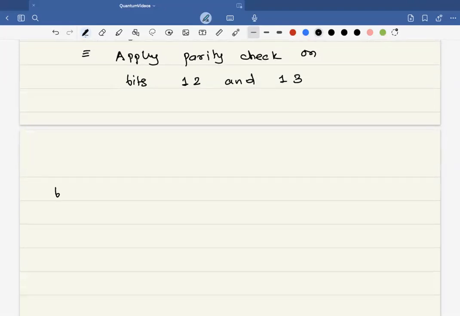Let's say I have a bit B that is being transmitted. Then I can have a classical CNOT gate. This is my first CNOT gate, and then this is my second CNOT gate. B could be 0 or 1. So this first part is an encoding circuit.